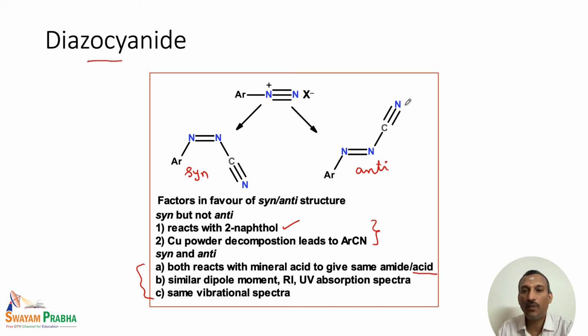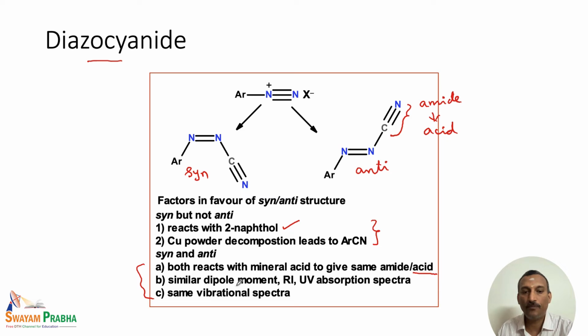So when we have the cyanide, it undergoes hydrolysis to give the amide, and this amide further undergoes hydrolysis to give the acid. So we get the same acid and amide on hydrolysis, which clearly tells that we have to have a syn or anti structure only. We cannot have anything different from that.